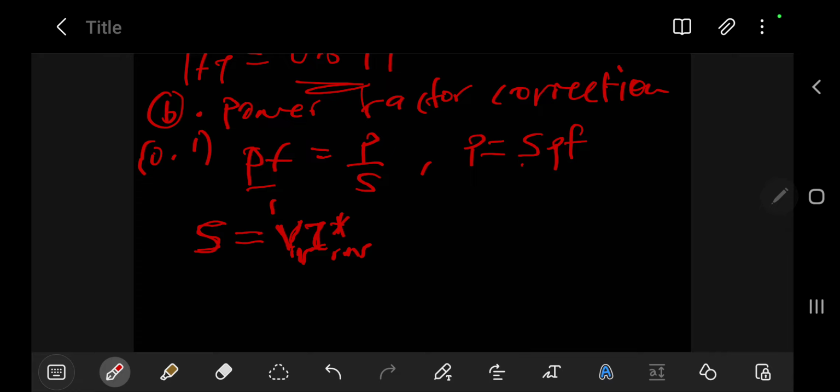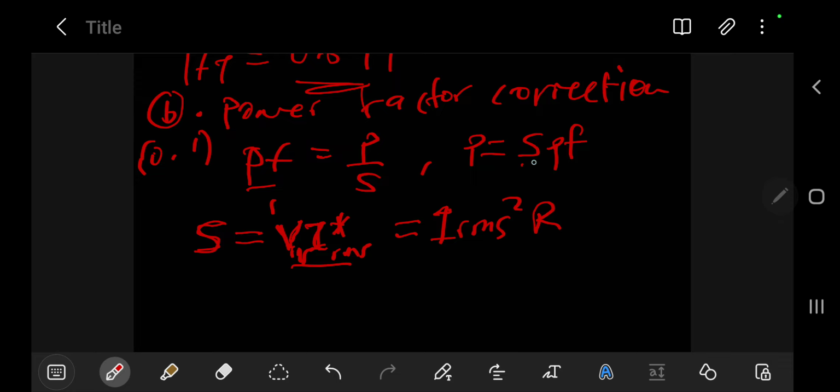So if you notice that, you can even rewrite this equation to just be equal to I RMS squared times the resistance. Or you can use this one. So now, if the power factor is small, it means you need a very big amount of this apparent power.